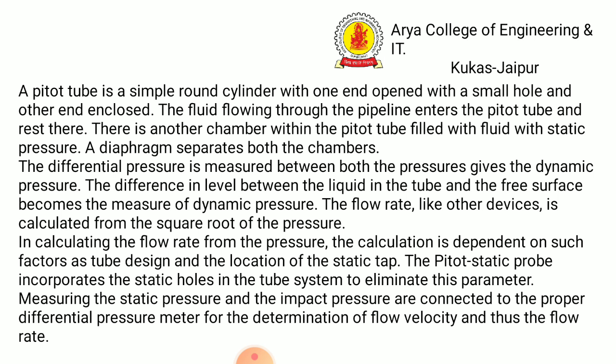Pitot static probes incorporate the static holes in the tube system to eliminate this parameter. The static pressure and the impact pressure are connected to the proper differential pressure meter for determination of fluid flow velocity and thus the flow rate.